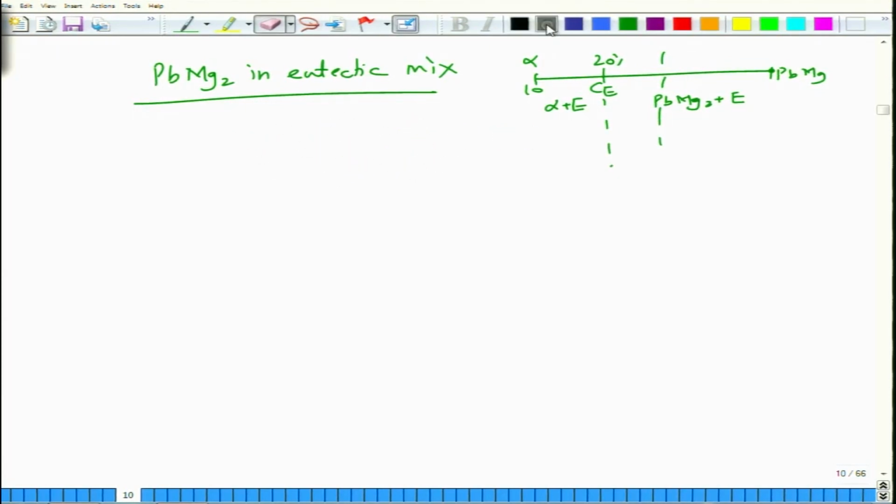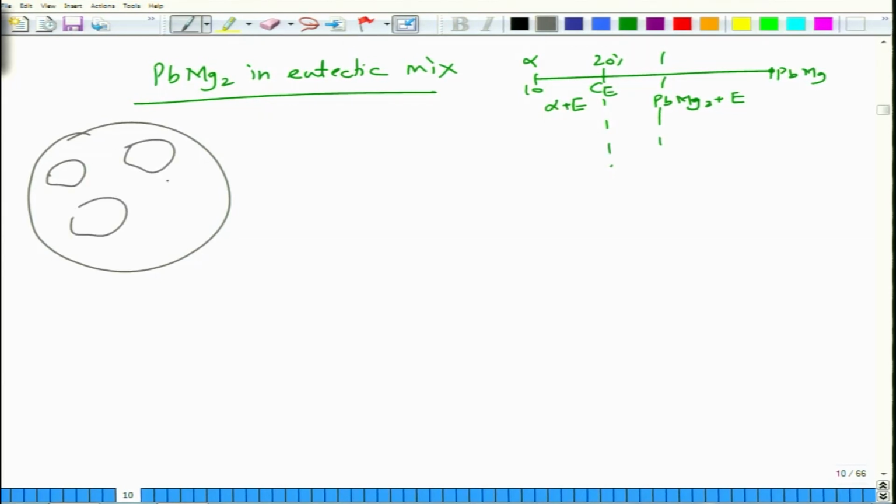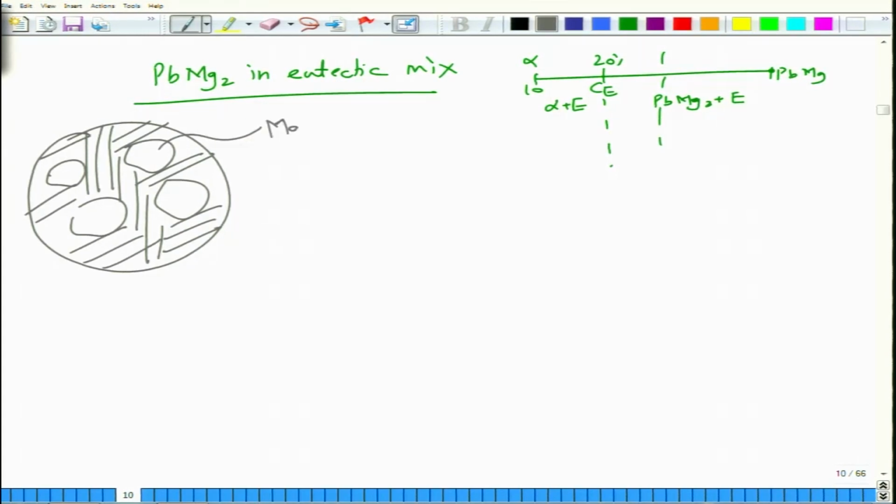The microstructure is going to look like this. You have the pro-eutectic Mg2Pb phase, and then you have the eutectic. So this is Mg2Pb pro-eutectic, and this is eutectic. All right.